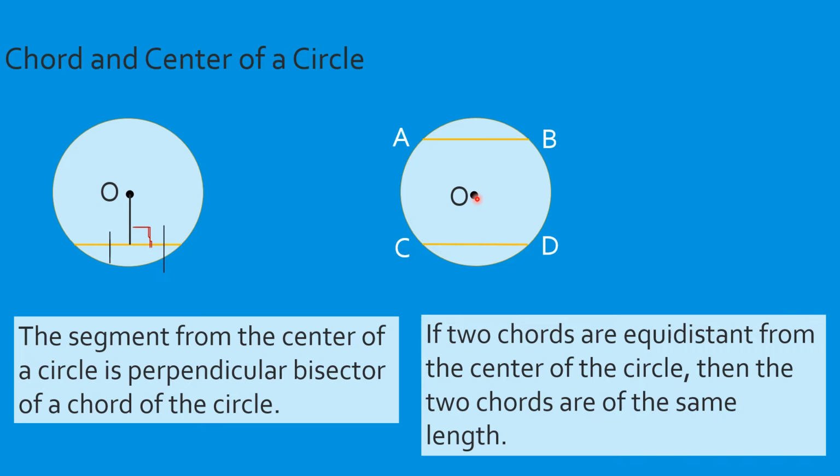If the length from here going to the chord is equal to the length from here going to this other chord, it means that the two chords are also of the same length. So let's say that is 2 units, another one is 2 units. So therefore we can say that segment AB is congruent to segment CD.